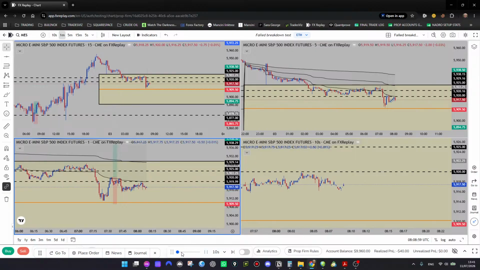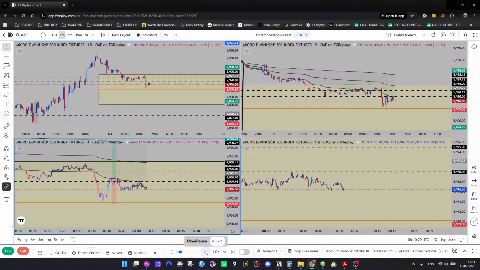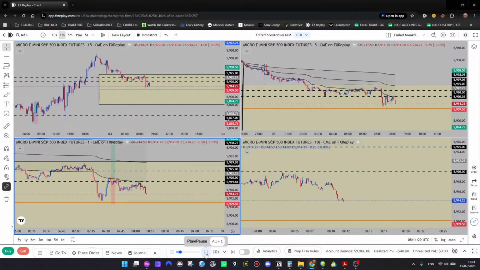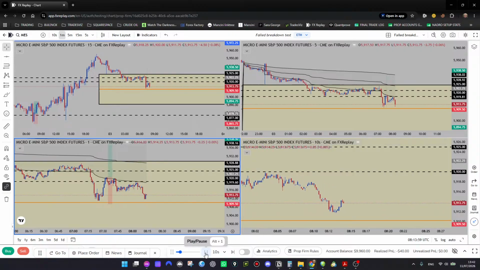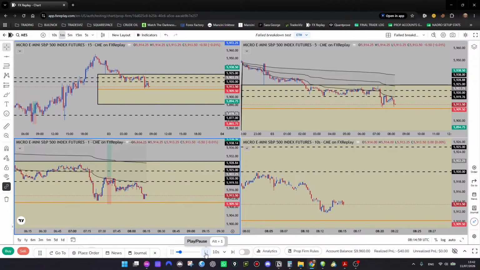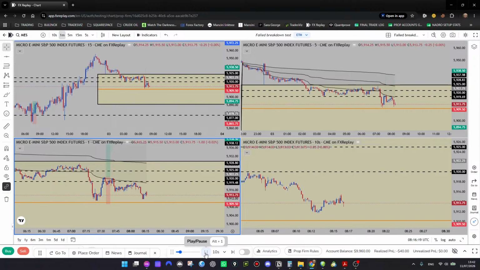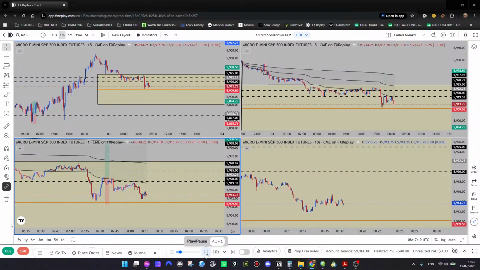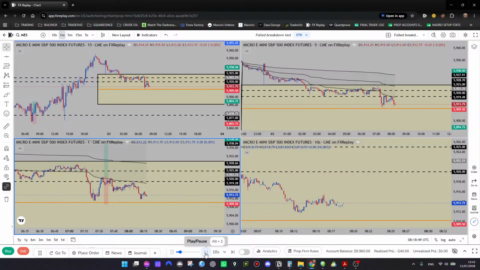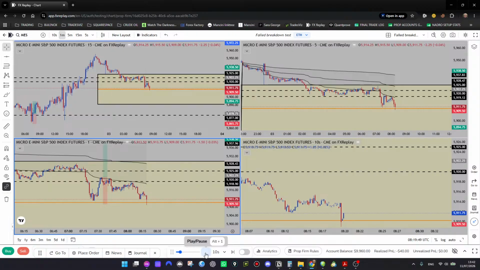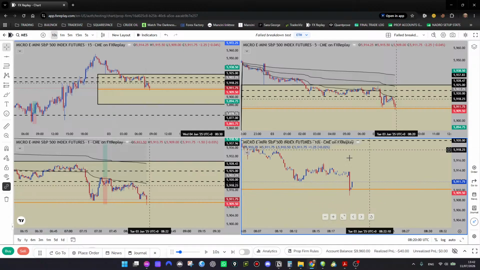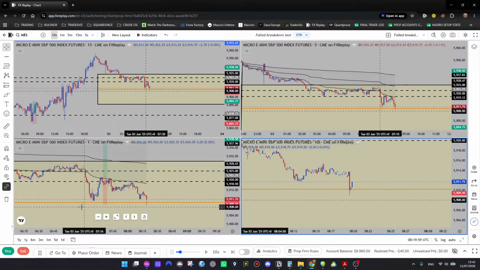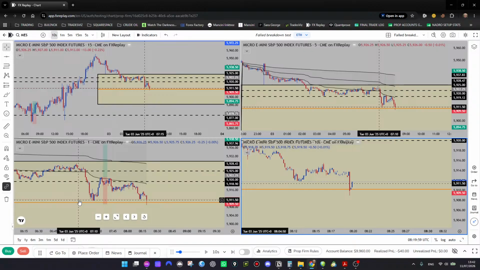I'm gonna go a little bit faster. There we go. We see that's the failed breakdown of this low, of the 59.11.